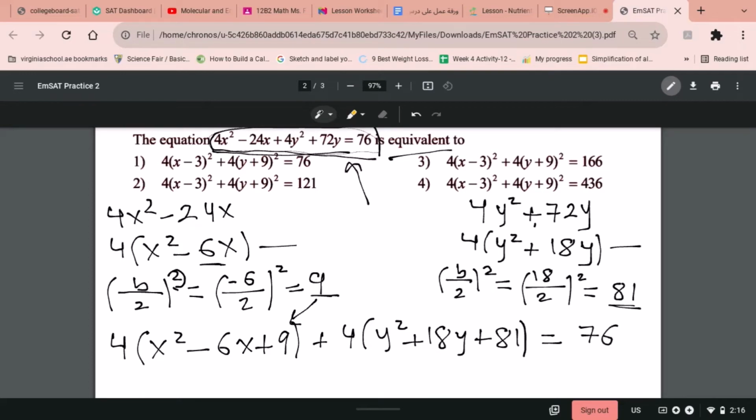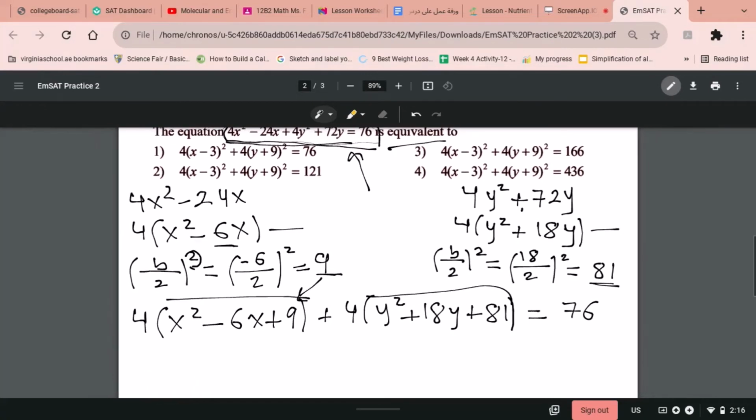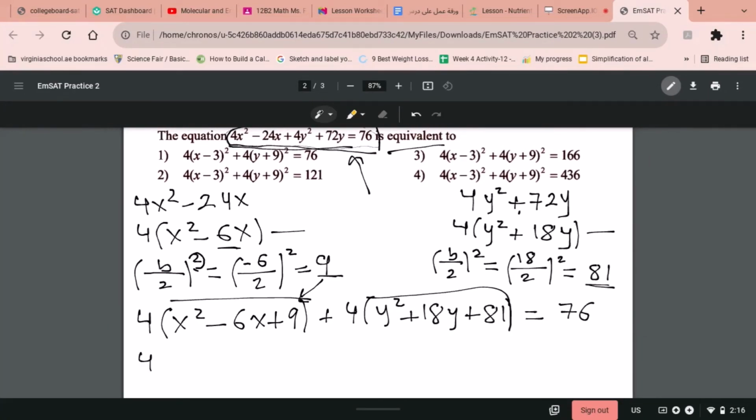When you see the 4 choices, you see the answer should be in a square form. So how to put these 2 expressions into a square form? Let's just zoom out. When we take the square root of 9, it should be 3. So we say x minus 3, because here we have the negative sign, the middle one.